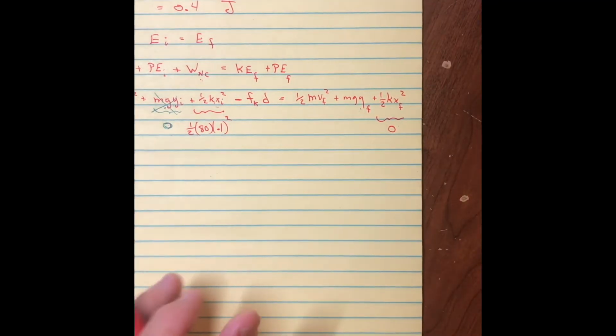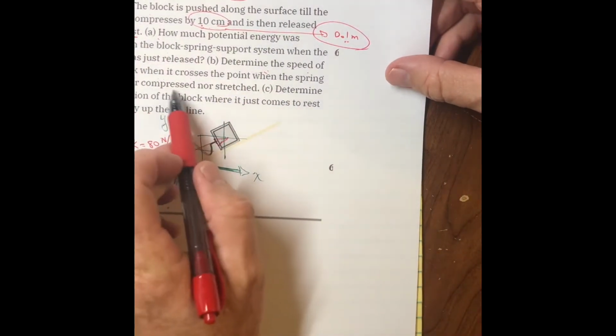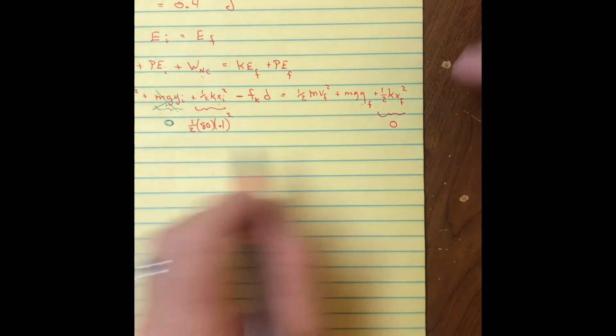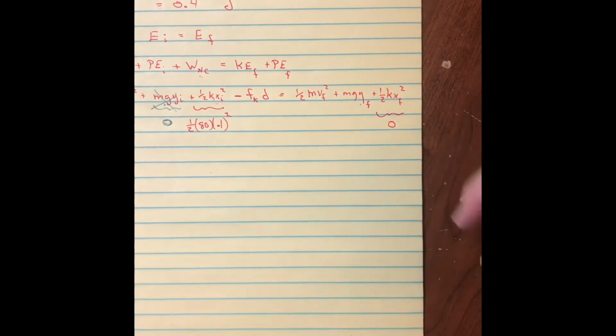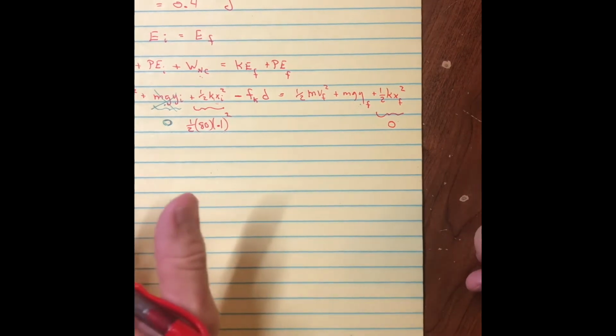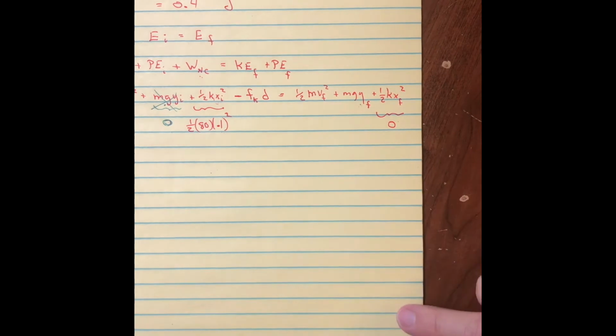Because remember, for part B, it says that you want this to come back up to the point where the spring is neither compressed nor stretched. And so that means your x is 0 here. So even though I can't pick my x equals 0, the way they asked the question was really nice. It gave me a chance to call that equal to 0.